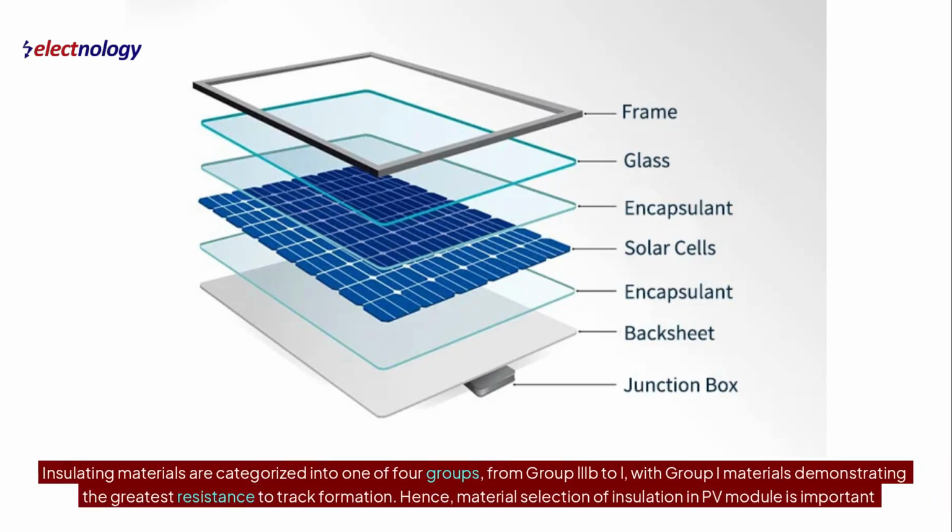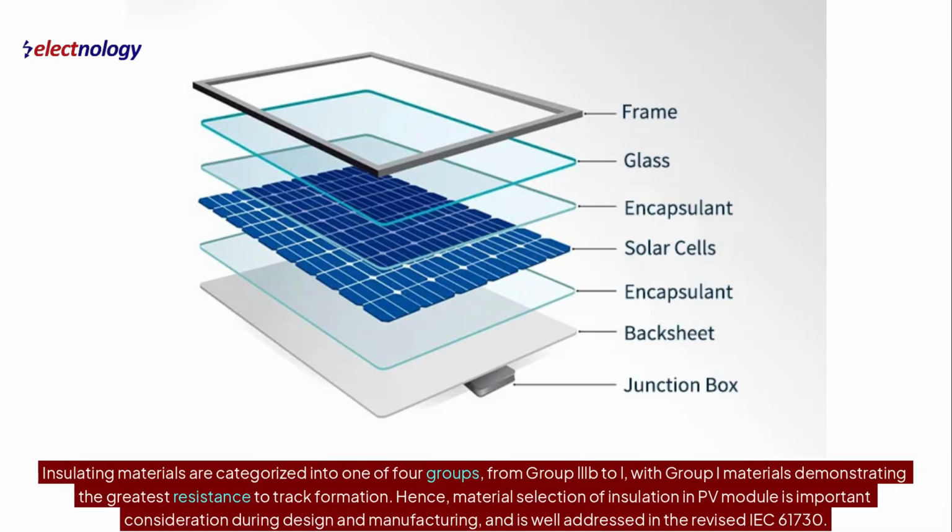Insulating materials are categorized into one of 4 groups, from Group I to IIIb, with Group I materials demonstrating the greatest resistance to track formation. Hence, material selection of insulation in a PV module is an important consideration during design and manufacturing, and is well addressed in the revised IEC 61730.